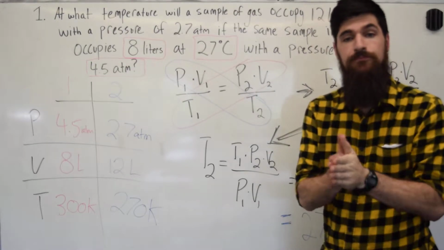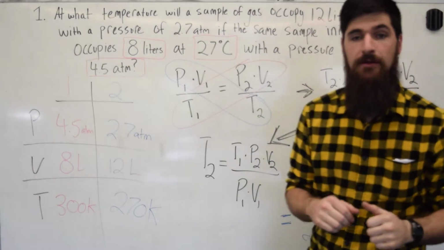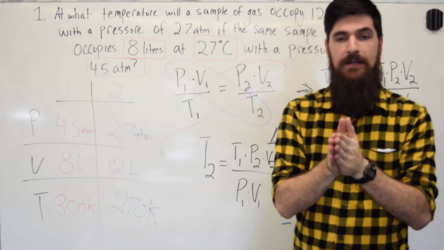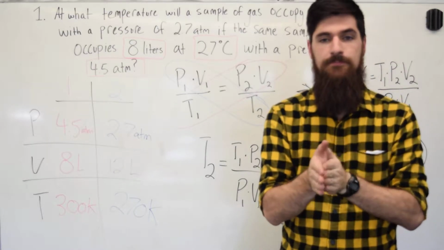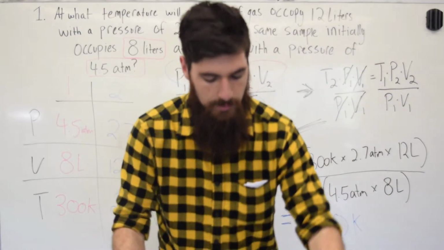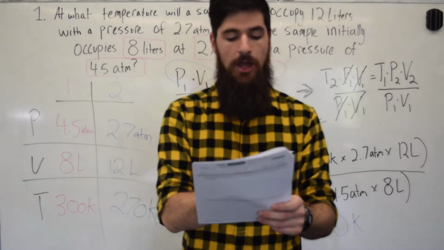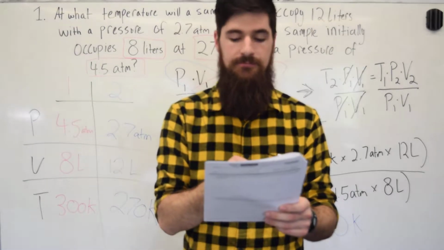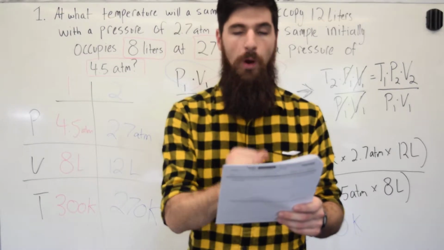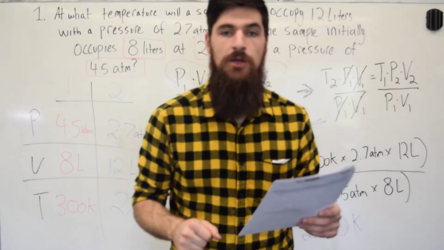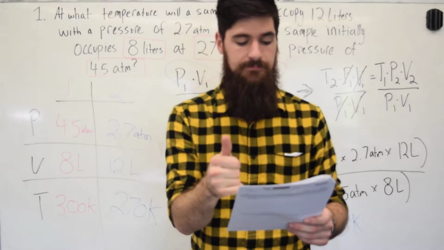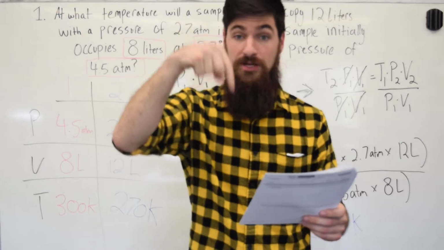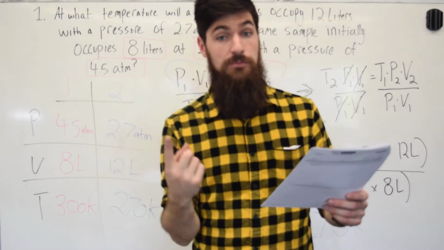Number 2, I'm not going to do it up here, but I am going to give you a little bit of a hint, okay? If the pressure of a sample is halved and the temperature is tripled, what will happen to the volume? Remember your relationships. If pressure is halved, if pressure decreases, volume should increase, right?